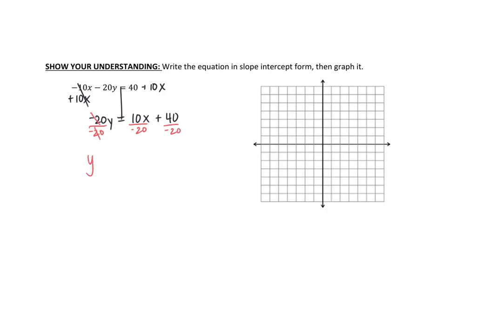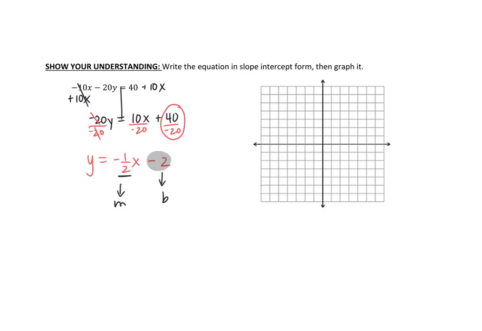I get 1y equals, and 10 over negative 20 I can simplify to negative 1/2 x. And then 40 divided by negative 20 is negative 2. So I know my y-intercept is negative 2. That's my b value. And my slope here is negative 1/2.